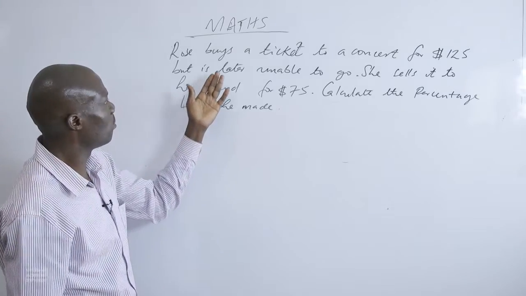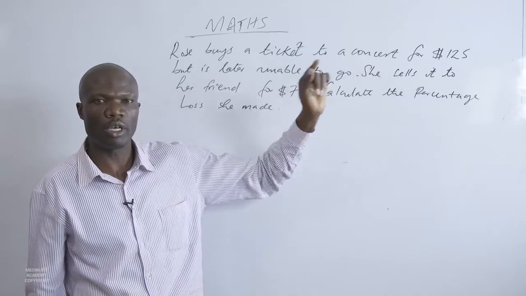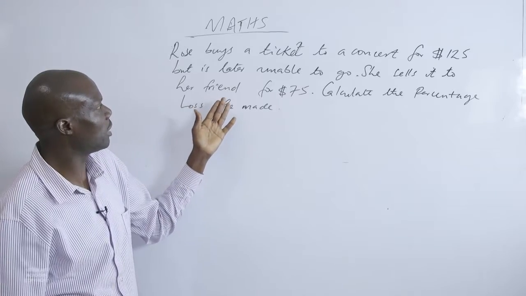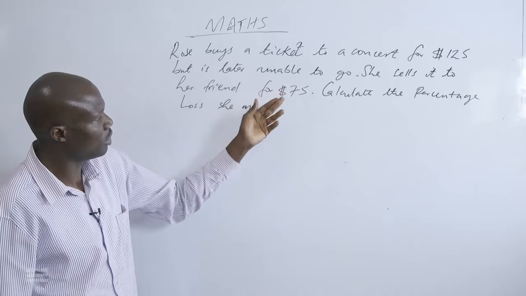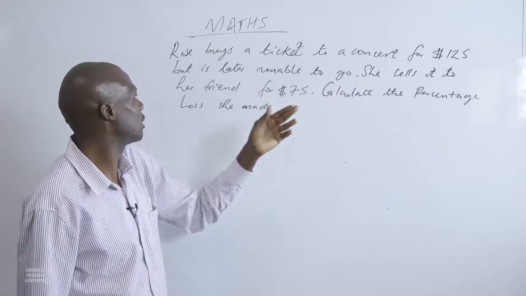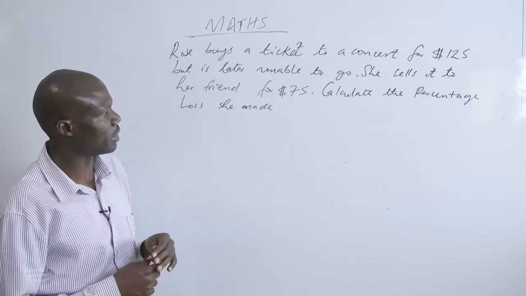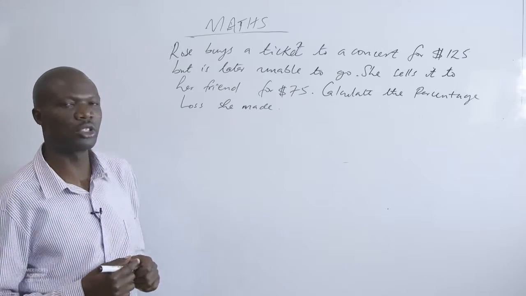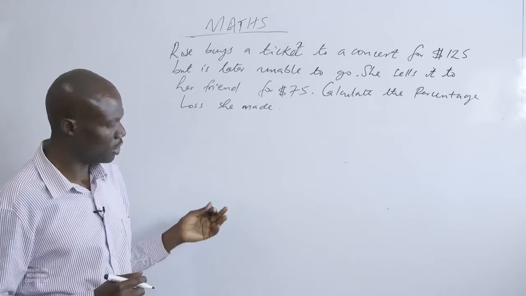Rose buys a ticket to a concert for $125, but is later unable to go, so she sells the ticket to her friend for $75. Question: calculate the percentage loss she made.